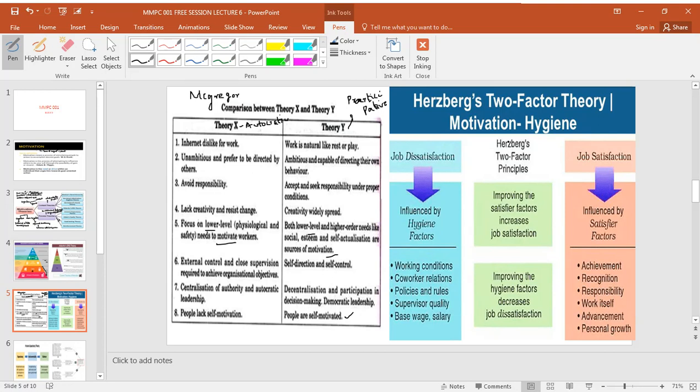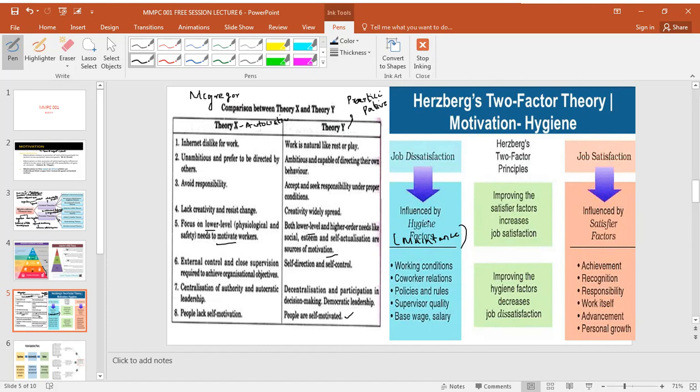When we come to the hygiene factors, hygiene factors are otherwise known as maintenance factors. These maintenance factors are like working conditions, co-worker relations, policies, supervisor quality, and base wages. This theory states that if hygiene factors are present in an organization at a satisfactory level, that prevents job dissatisfaction.